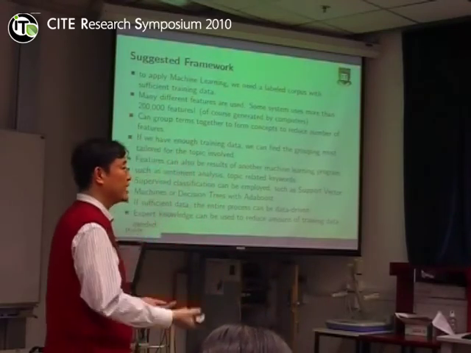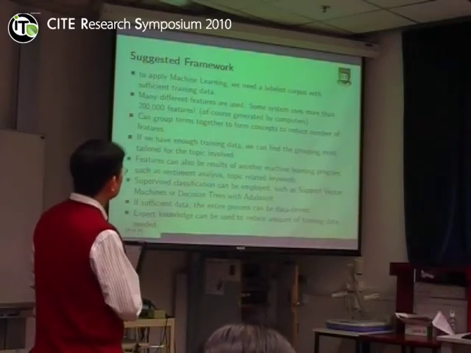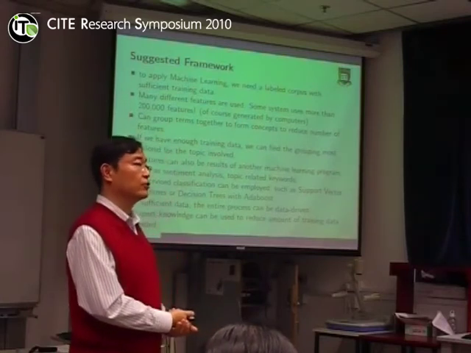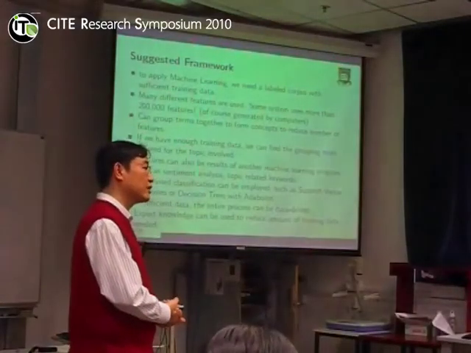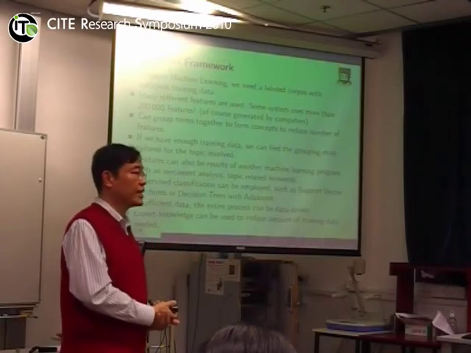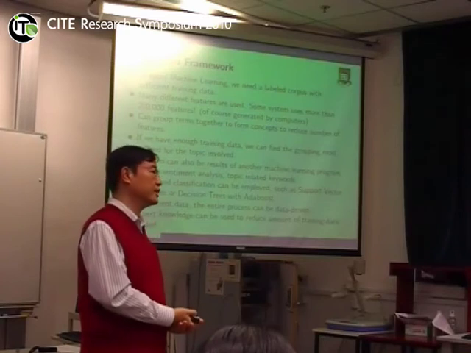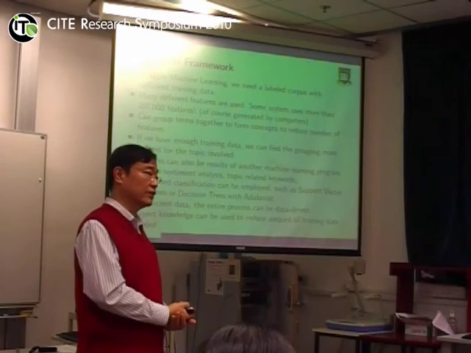Given a sentence, the computer will generate all these features, and then we can group terms together to form concepts to reduce the number of features. Similar terms, with similar semantic meanings, are related to each other and can be grouped together. The number of features is related to the time required to do the learning or the mining.